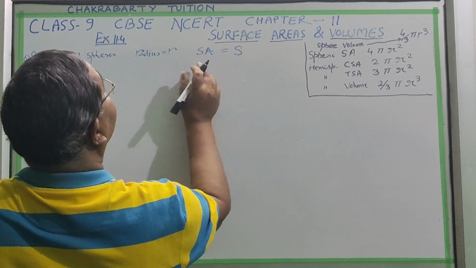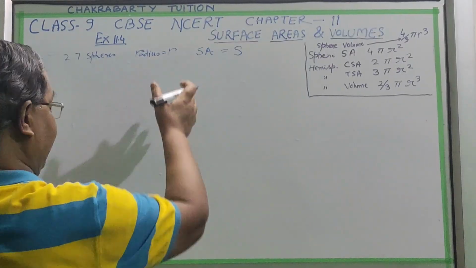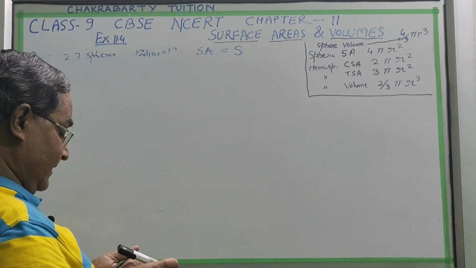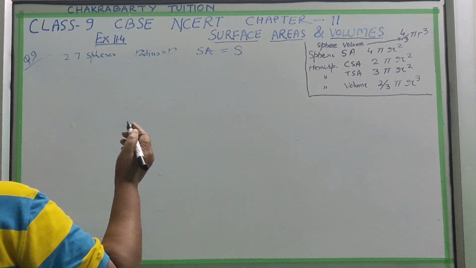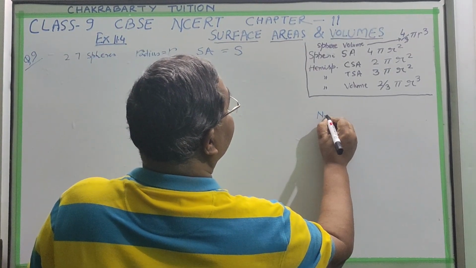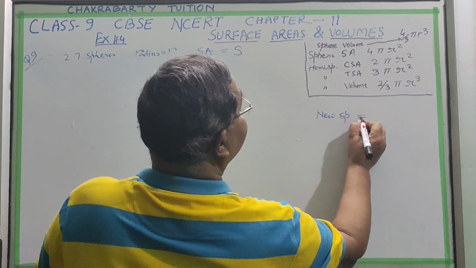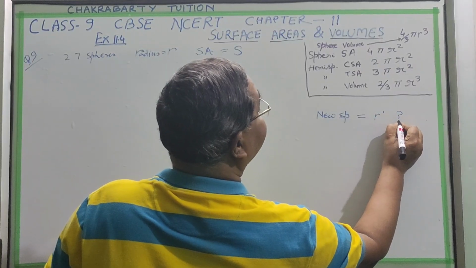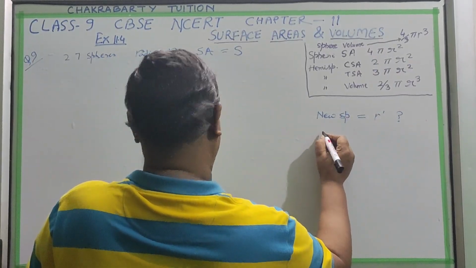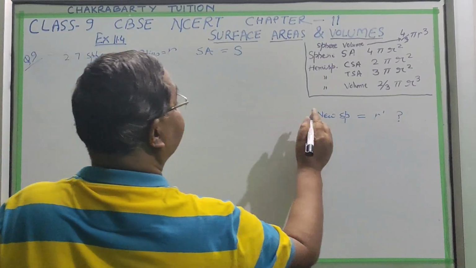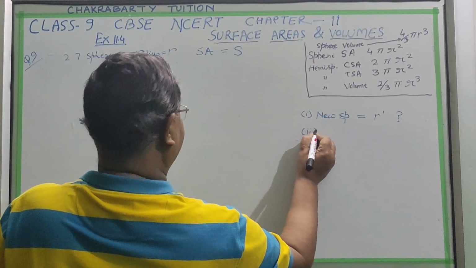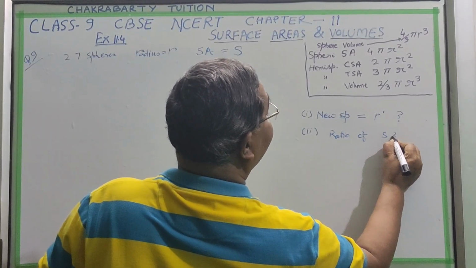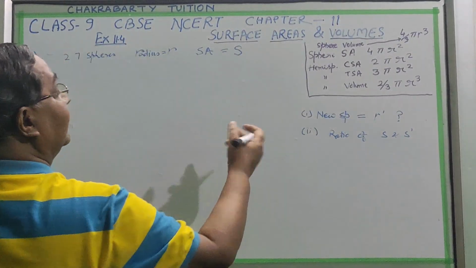This is melted, and after melting another solid is made, a new sphere, and its radius will be r dash. You have to find it. This is the first question, and the second part is the ratio of s and s dash.